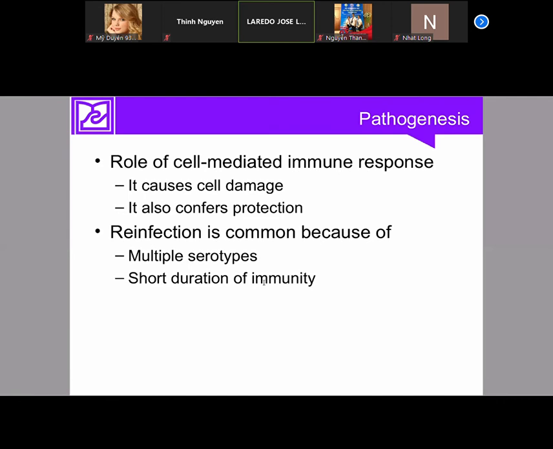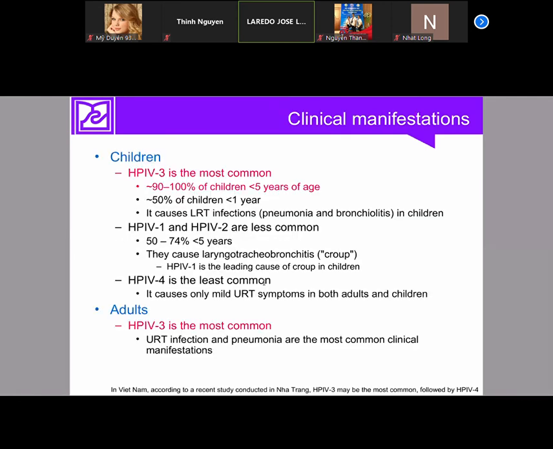These viruses are very, very common. I told you that we have 4 types that you don't have to remember, but I have to tell you that type 3 is the most common. In children younger than 5 years, almost 100% of them have been infected.